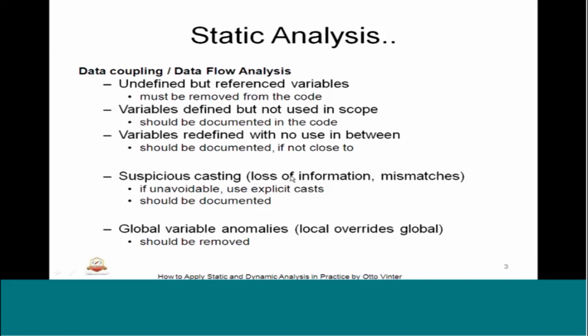While doing that, we use a typecast with the help of embedded C. While doing that, there is a high chance that we lose information in terms of some bits being discarded, and also a chance of a mismatch between the intended use and the actual use. So if unavoidable, use an explicit cast. That means you should explicitly typecast that particular variable.